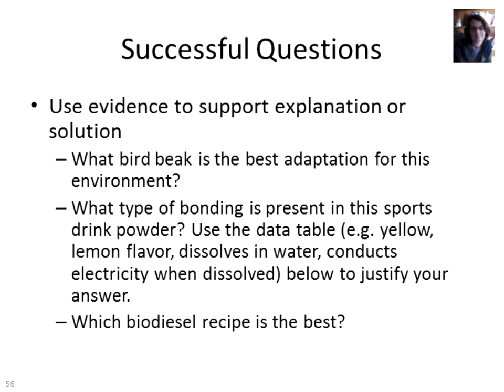You could imagine them making a claim like, the slotted spoon is best in the sand environment, for example, because of this evidence that I have. And that makes a lot of sense because we know that a bird with this shaped beak needs to eat this kind of food. And you can see it going further into the science and not just the observation.